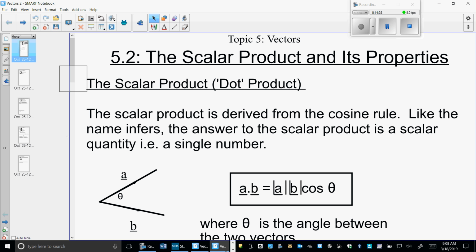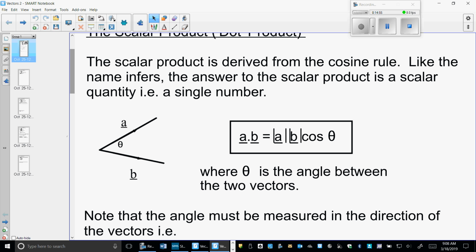Right. Scalar product or dot product. Okay? You get given this in this format printed in your formula sheets. Okay, so the dot product or the scalar product. It's derived from the cosine rule. Okay, if you remember this squared plus this squared minus this squared over blah, blah, blah, blah.